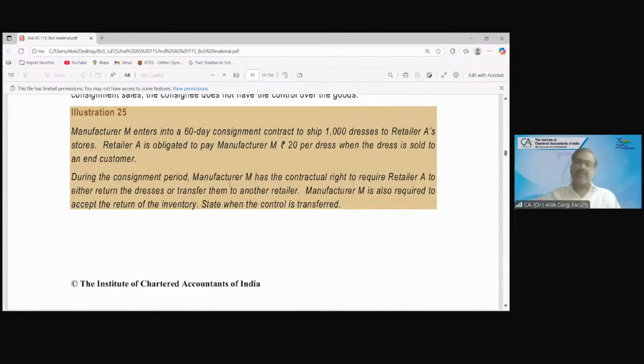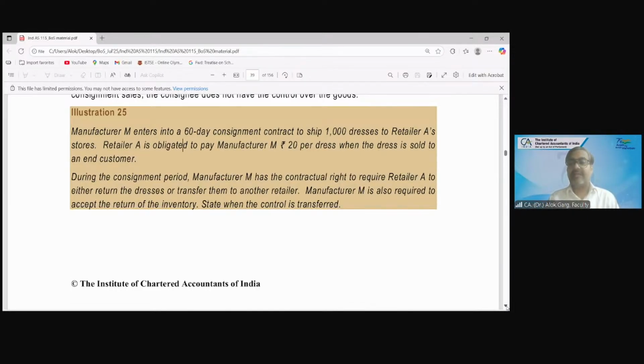to the customers, right? So in this case, as you guys have rightly mentioned, when the goods are sold to the end customer, because this retailer A or some other retailer or some other store, probably these all are acting like an agent. Okay.